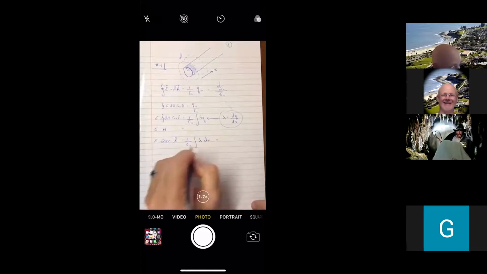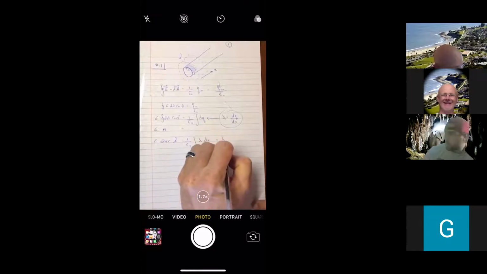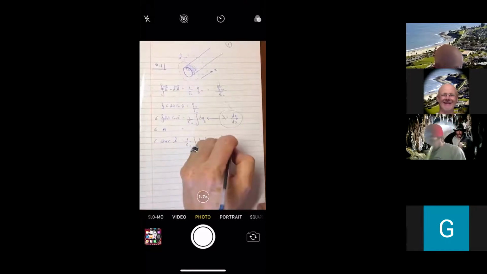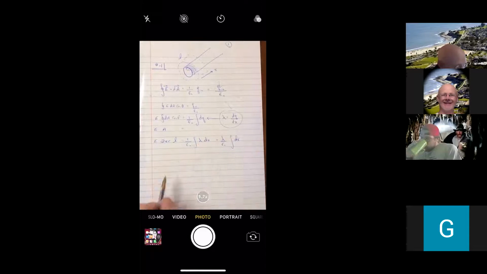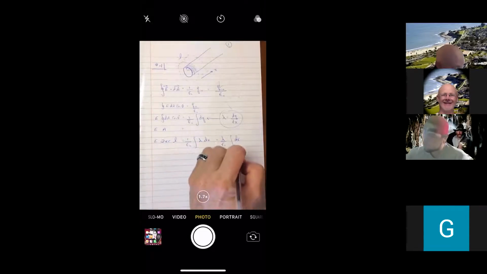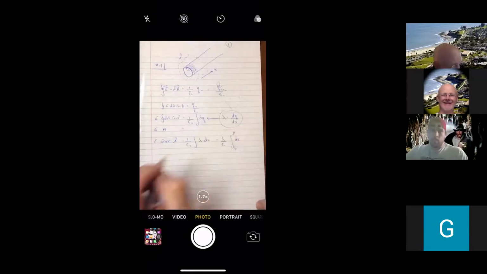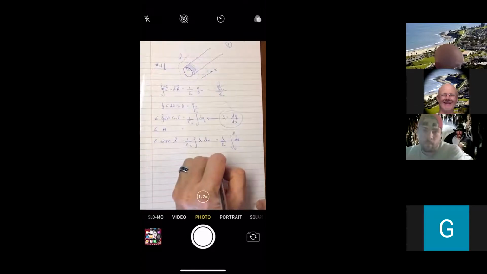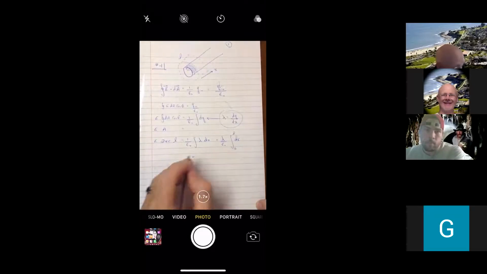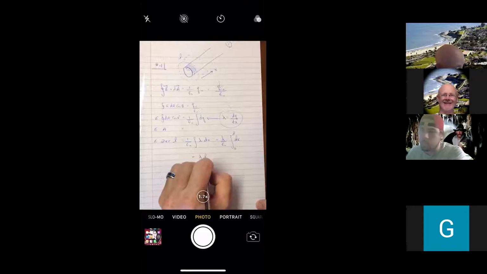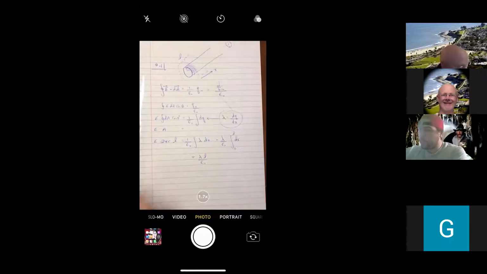And then, of course, the lambda is uniform, meaning it's a number. And so then we just get an integral of dx, and we would just add from 0 to L. And so this right-hand side of the equation would become lambda L over epsilon naught.